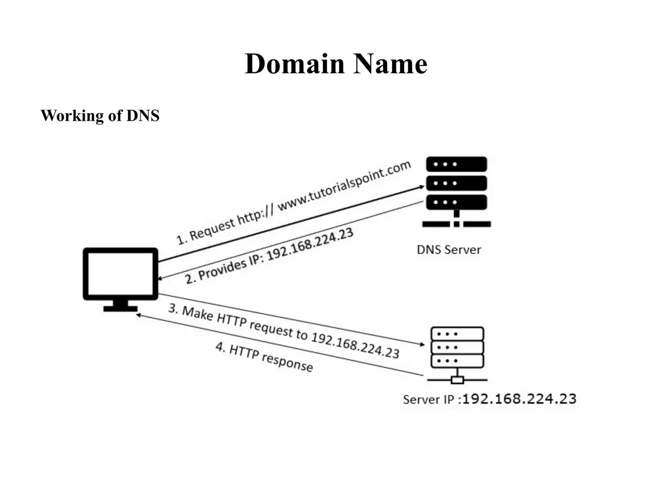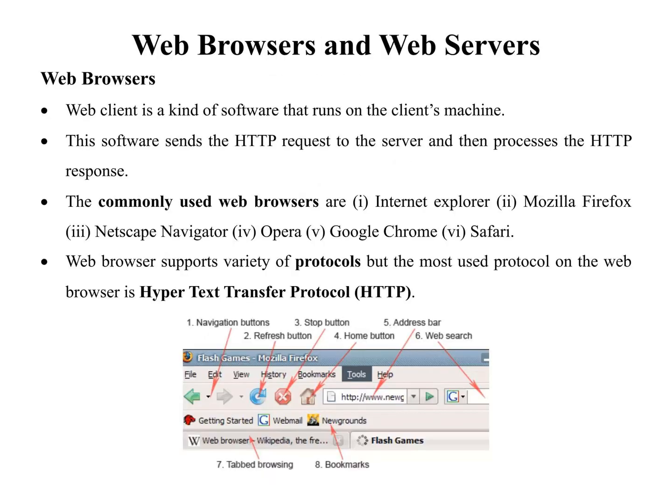Then the system sends an HTTP request to the server IP. Again, the server sends back an HTTP response. HTTP response means Hypertext Transfer Protocol response. These are the processes present in the working of DNS.